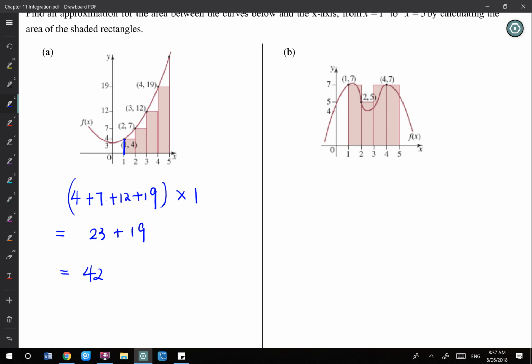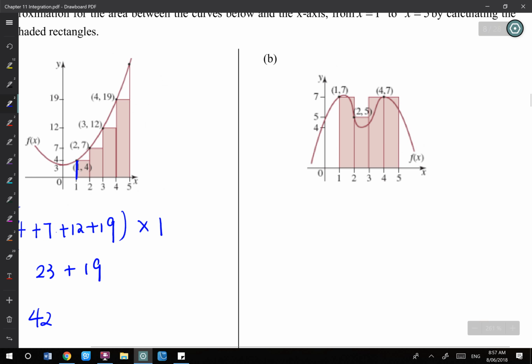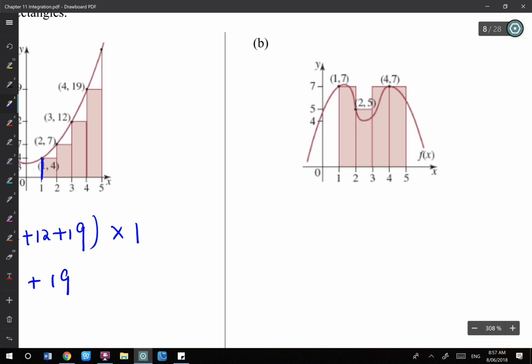Okay, look at B. What kind of approximation is that? Left or right? It's nothing. It's not left or right. Can you see that?